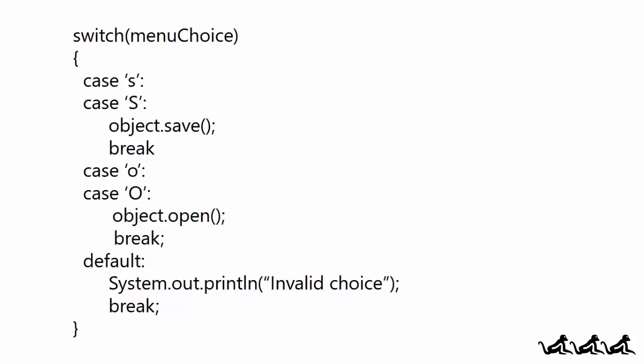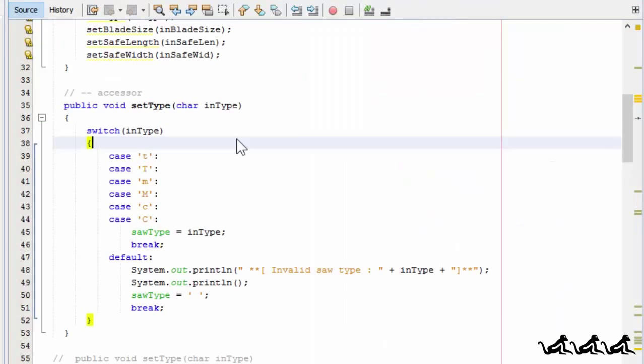If you leave the break out, and one of these days you'll leave the break out, it will execute object.save, and then it will go down to the case O and then so on and so on down the list. So if you want to move your logic outside of the switch, you've got to remember to put that break in there.